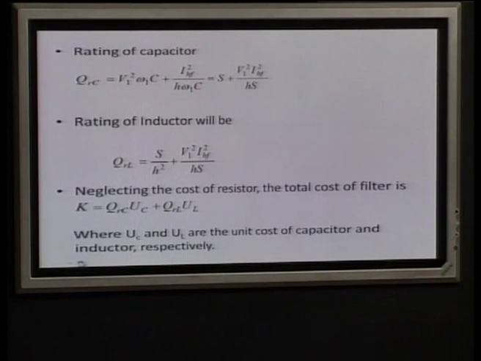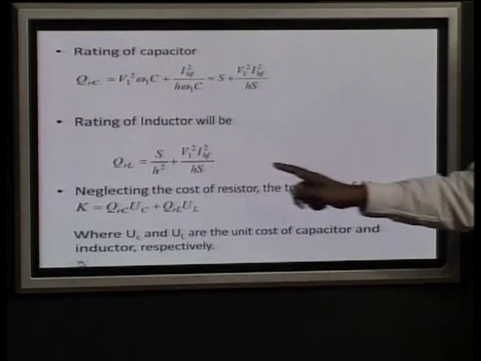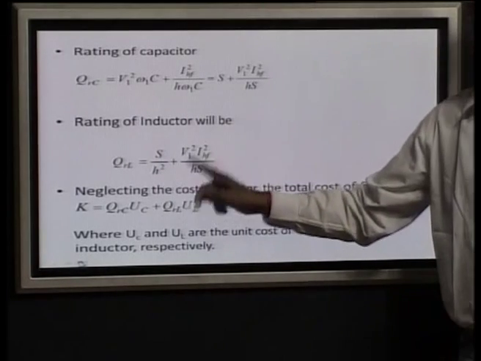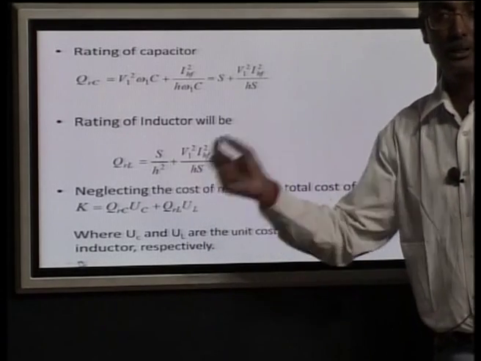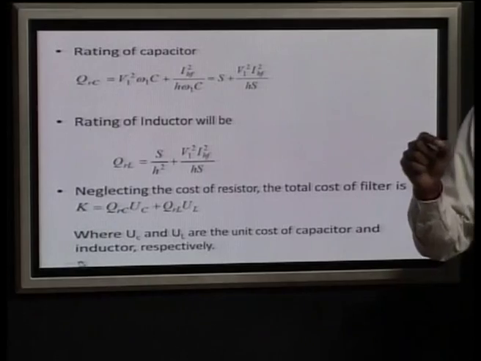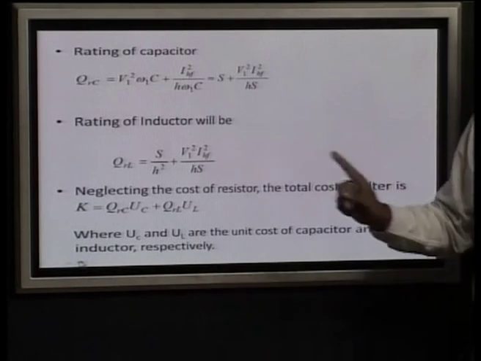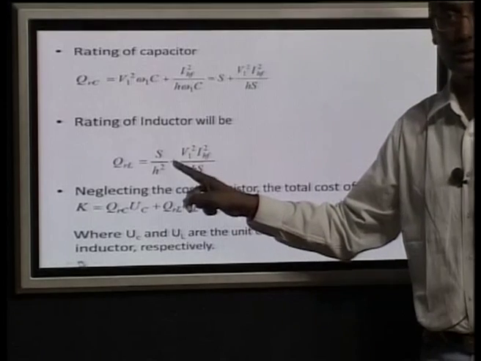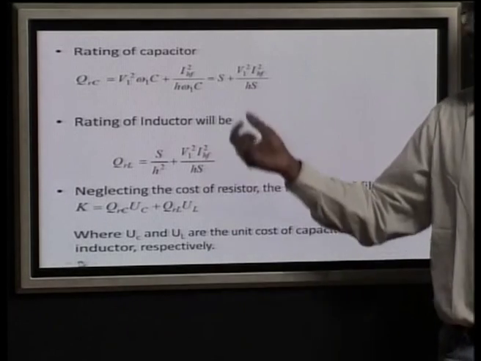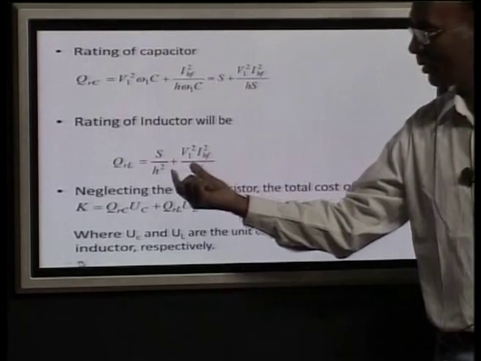Now we can conclude. At the fundamental component, for the reactive power consumption, if it is designed for tuned filters for any hth harmonic, this gives S upon h squared. If it is the fifth harmonic, this is going to give a small amount of reactive power absorption.